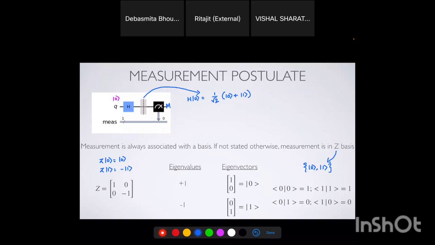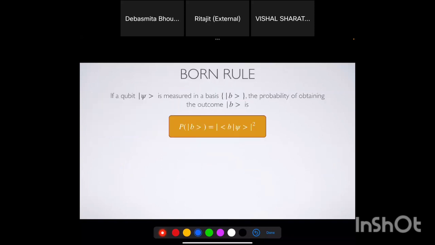So measurement means a basis. That's all. But what happens with the basis? Once you measure in the Z basis, the state collapses to one of the eigenstates. Here comes the weirdness of quantum mechanics: once you measure the superposition state, it will collapse to one of the eigenstates.